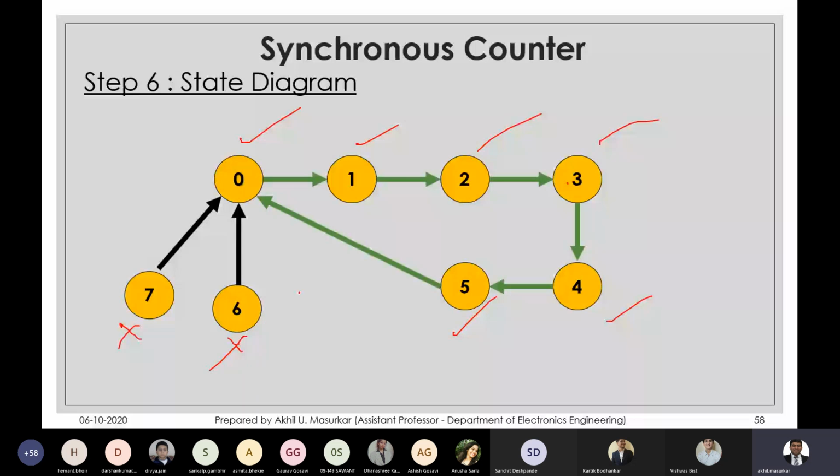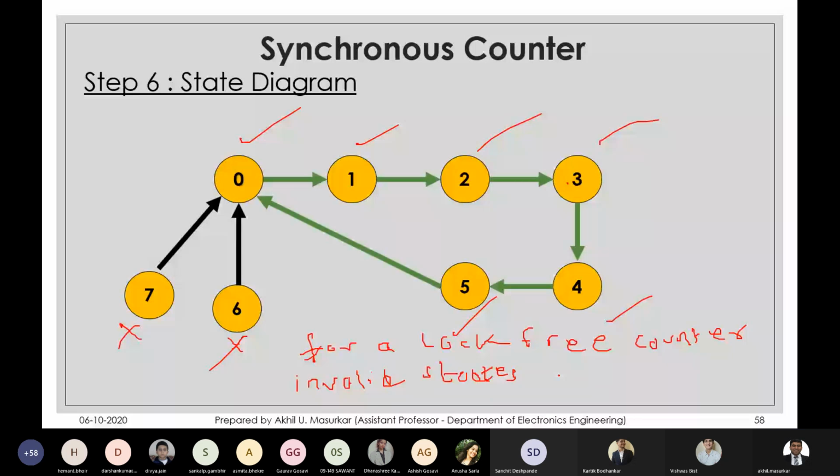So for a lock free counter, invalid states are also present in the state diagram.